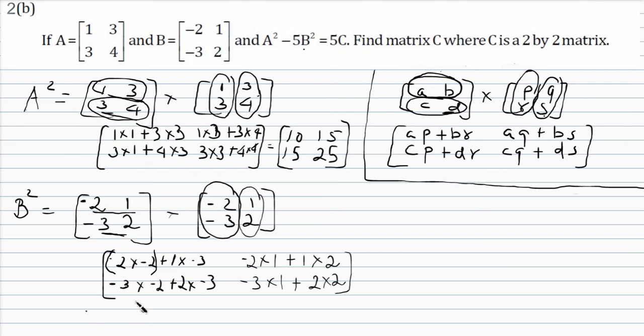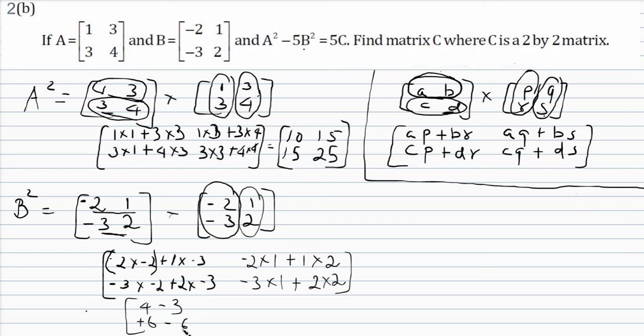So now let's go ahead with it. So minus 2 into minus 2 is plus 4 plus 1 into minus 3, that is minus 3. And here minus 3 into minus 2 is plus 6, and 2 into minus 3 is minus 6.